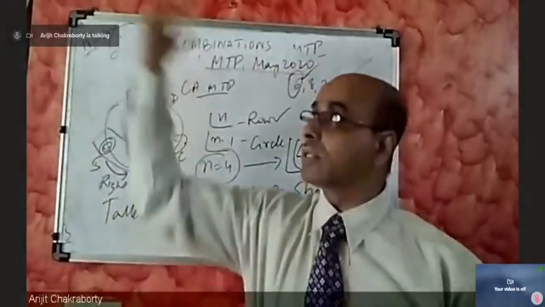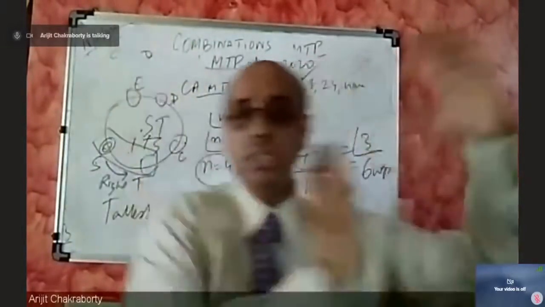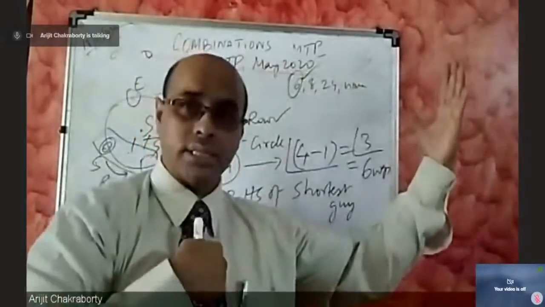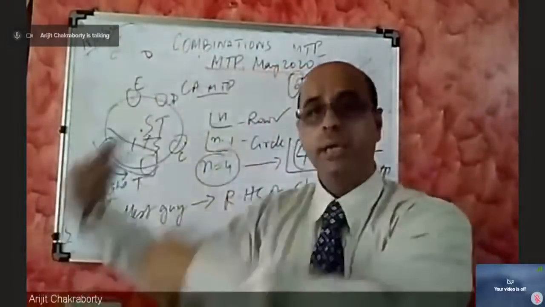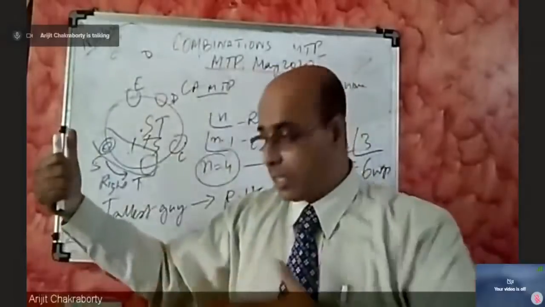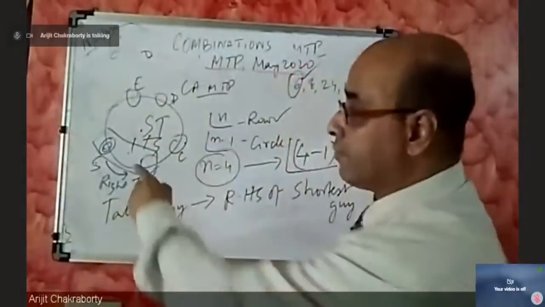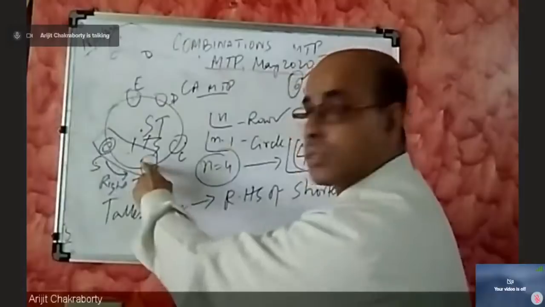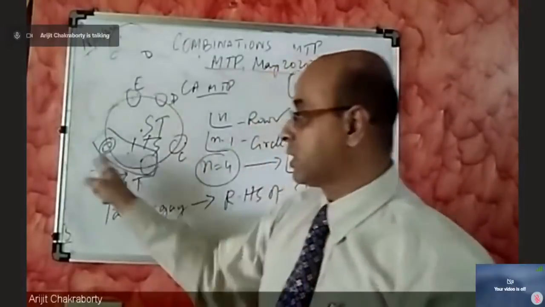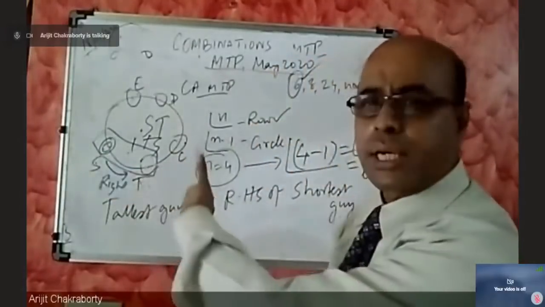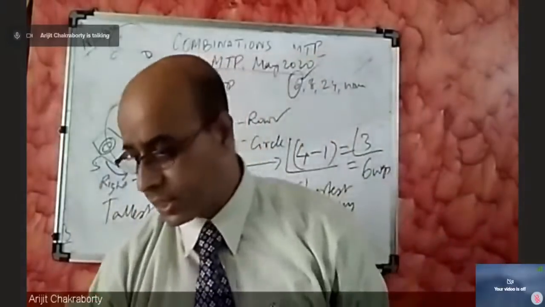So it cannot be TS, it has to be ST. I am the shortest guy, he is the tallest guy, so that he is on my right hand side. Within themselves, only one arrangement is possible, that is ST. Classic question, that's why I discussed in detail.